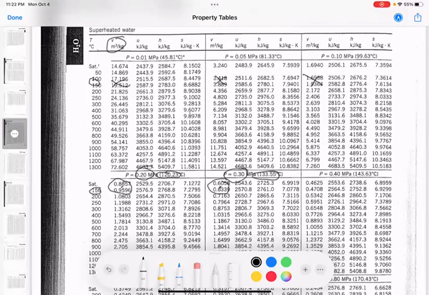And if you do that, it's a bit long, but the answer you should end up with is 0.211. So it's very close to this table, more than it is to this table.